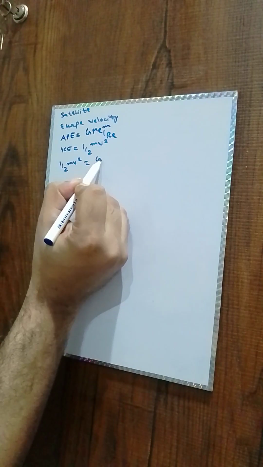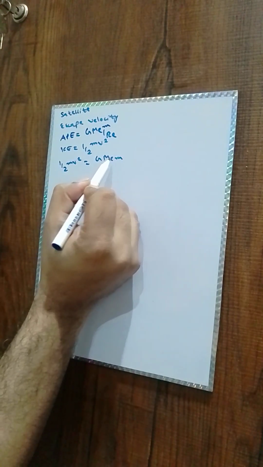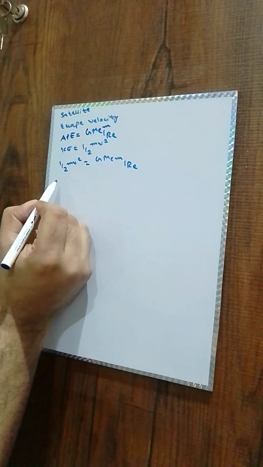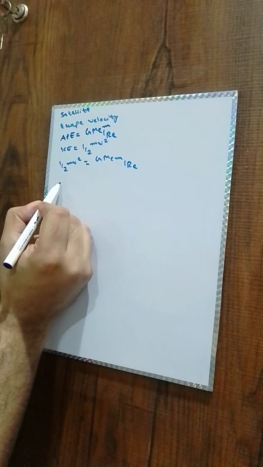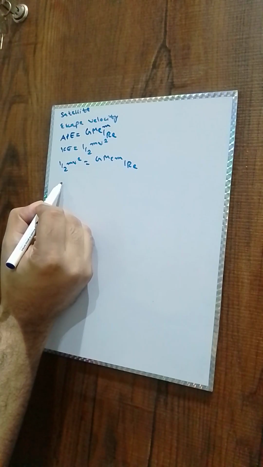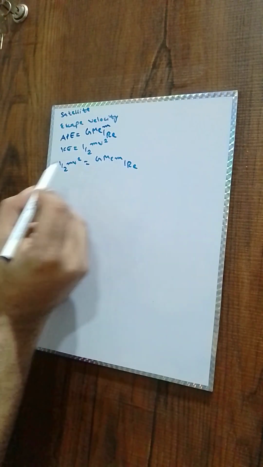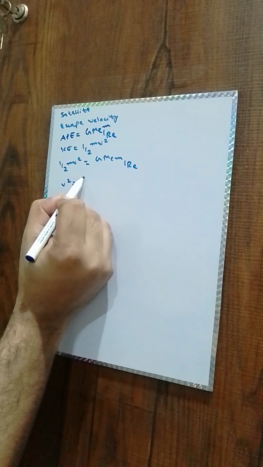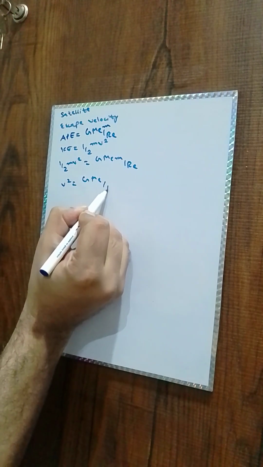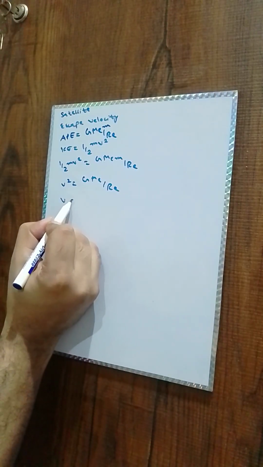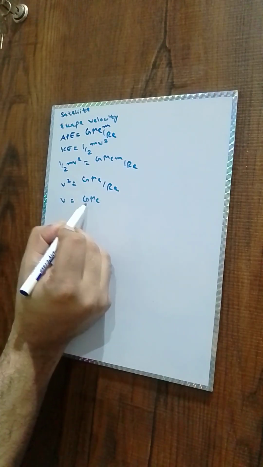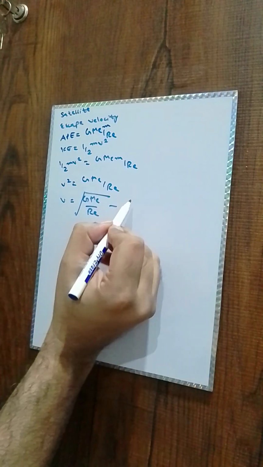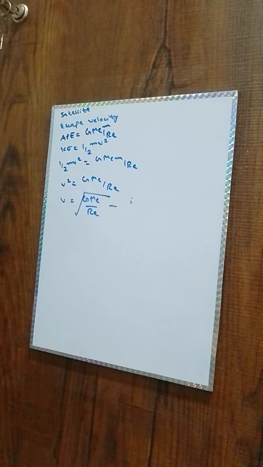Half m v square is equal to G Me m by Re. m cancels out with m on the other side, so v square is equal to G Me by Re. So v is equal to the square root of G Me by Re.